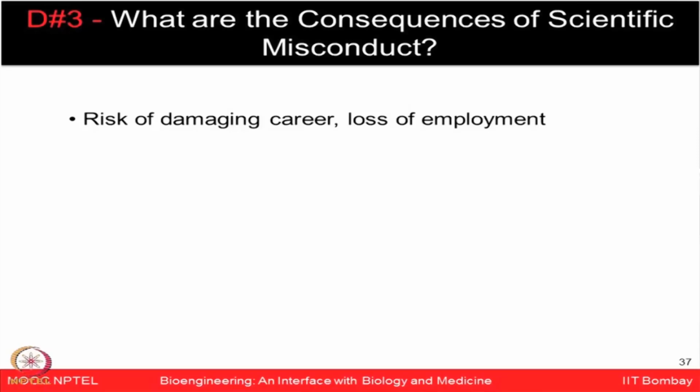The next question is, what are the possible consequences of scientific misconduct? I am sure in the context of the animal cloning discussion, you have seen that many researchers involved in fraudulent work had their careers totally damaged and lost their employment.